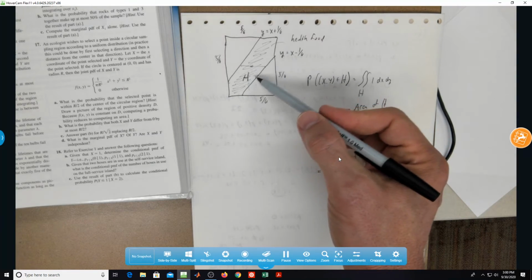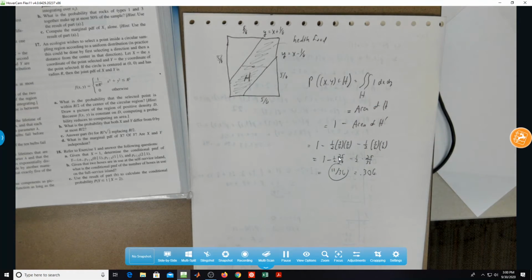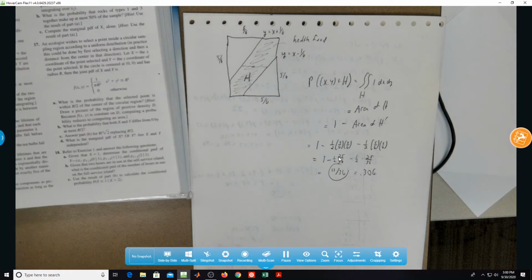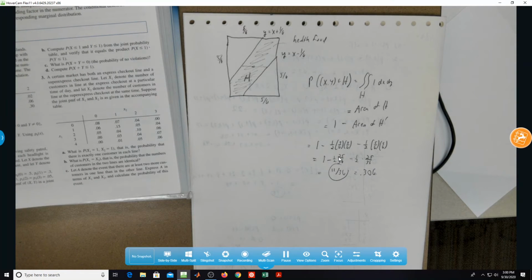So this area right here was the absolute value of x minus y less than 1/6.